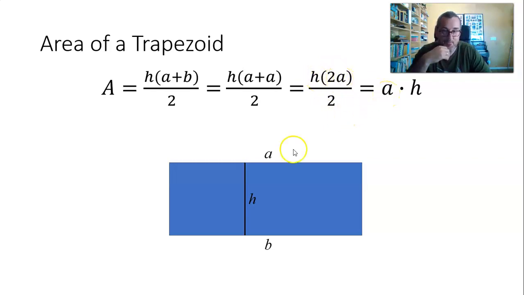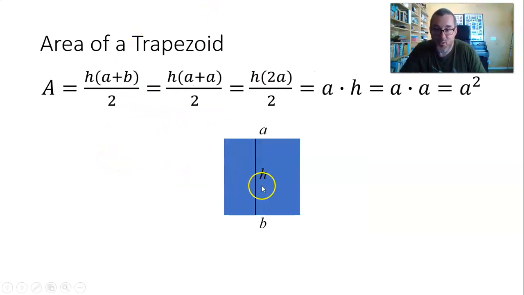So the area of a rectangle is just a times h, the base times the height. So there it is. That's what's nice from just a pure geeky mathematical perspective: the area of a trapezoid, no matter if that trapezoid is rectangular or anything else, the area formula still applies. And that's a cool thing from a mathy perspective.